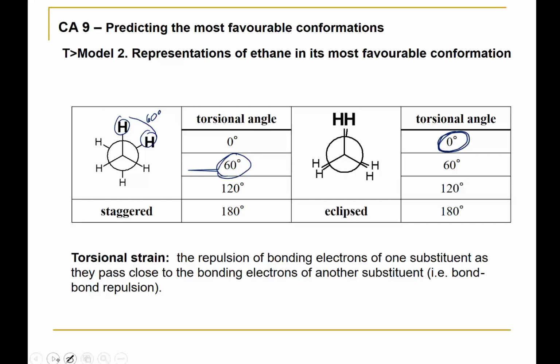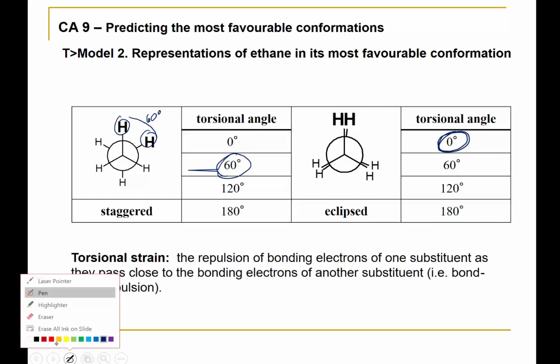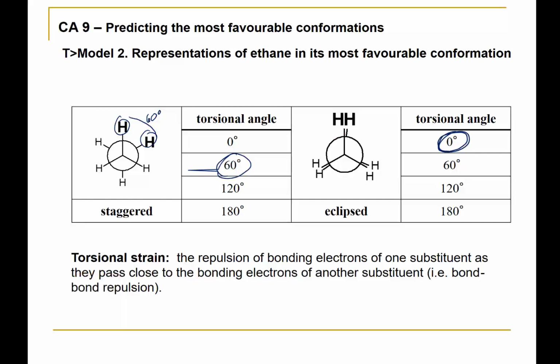In other words, and let me just change my pen color so we can see this more easily. So we're talking about the repulsion of the electrons found in the bond between the carbon and the hydrogen in the front carbon and the electrons in the carbon-hydrogen bond in the back carbon. So it's a repulsion between these pairs of electrons. So it's less about the repulsion between the hydrogens, but rather repulsion between the pairs of electrons.